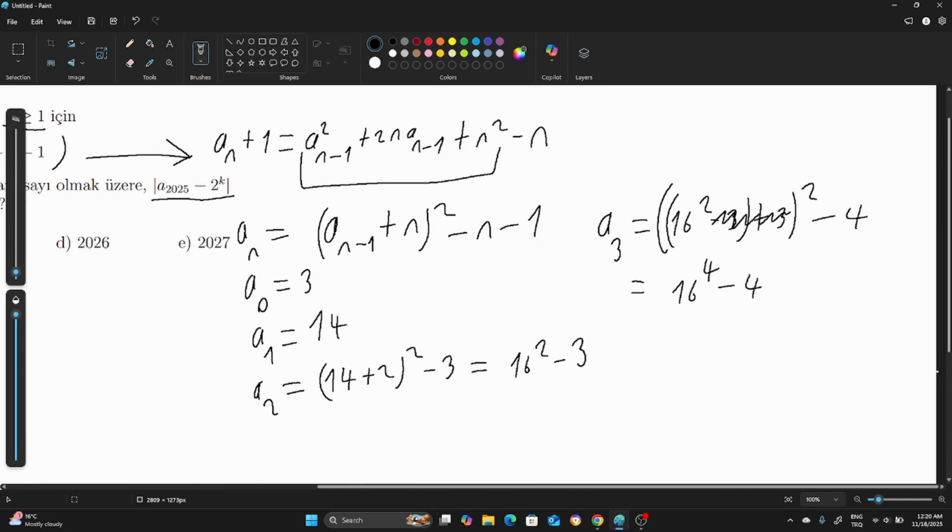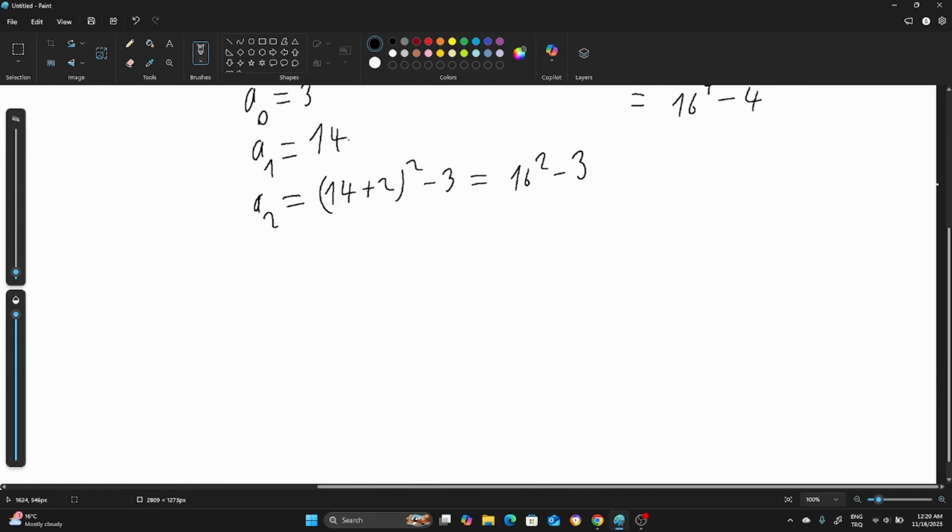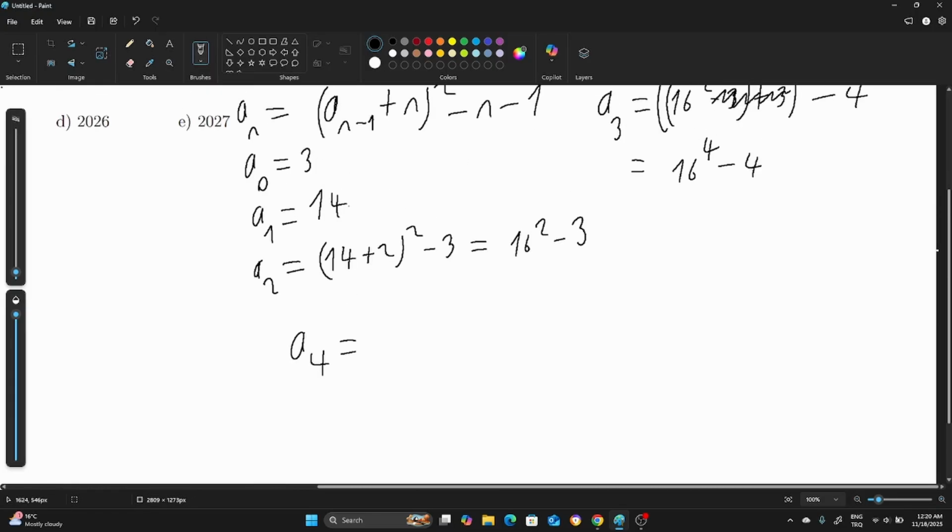Now what about a4 then? So a4 equals to, let's take this and plug into our formula here to get 16 to the 4 minus 4. This is a3 plus n, which is 4 squared minus 5. Again, these two things cancel out, which we get 16 to the 8 minus 5.